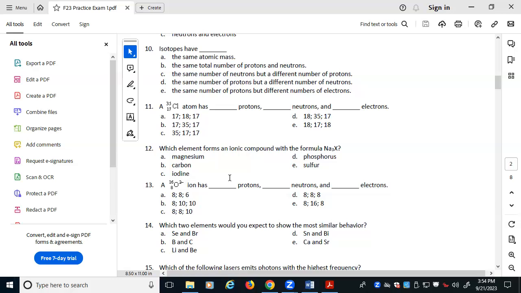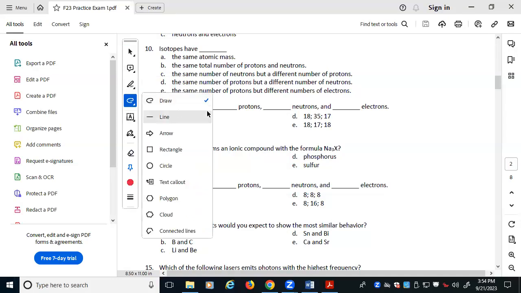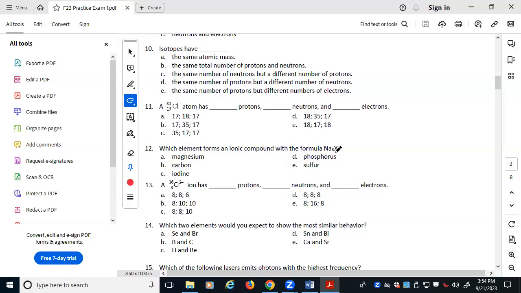What I can do is, when we talked about the idea of nomenclature and of looking at charges, remember that we said that, from the periodic table, we can determine the charges of certain kinds of elements.